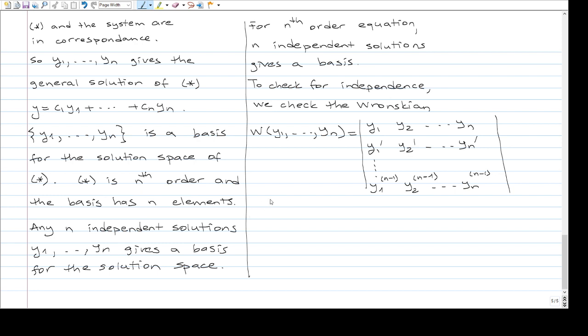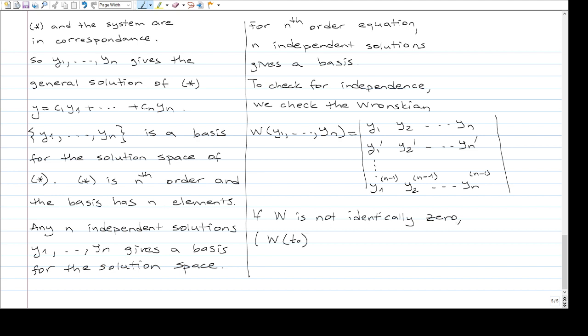If the Wronskian is not identically zero, meaning in general this Wronskian is going to be a function of t, because the solutions y1, y2, up to yn are functions of t.